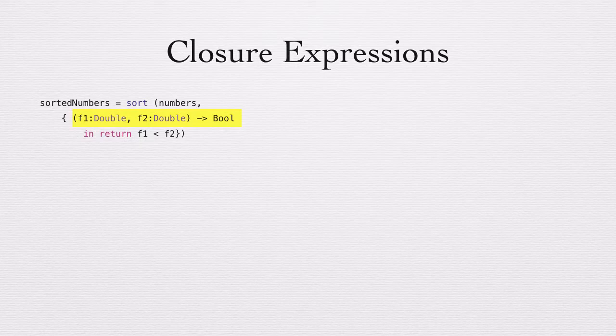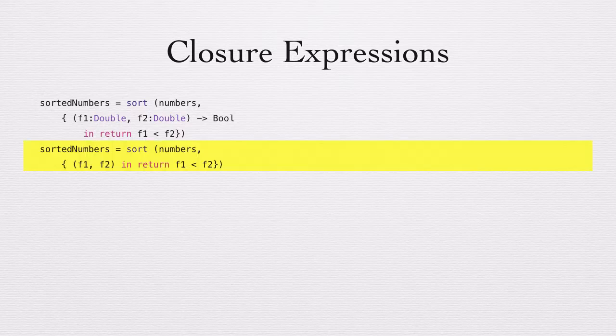It also says that the definition of the closure's parameters and the return type shown here has finished. The body itself consists of a single-line expression that returns a Boolean value based on the comparison of two double-value numbers. After executing this statement, if you print the contents of the sortedNumbers array, you would see the same output as in the earlier case. Now, let us start reducing this inline closure expression.